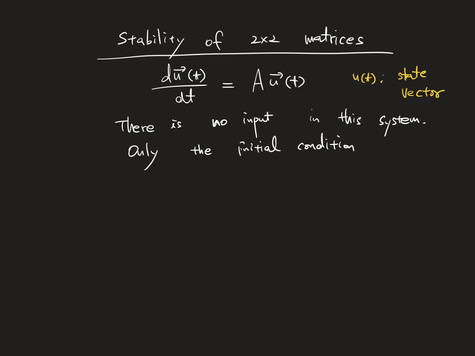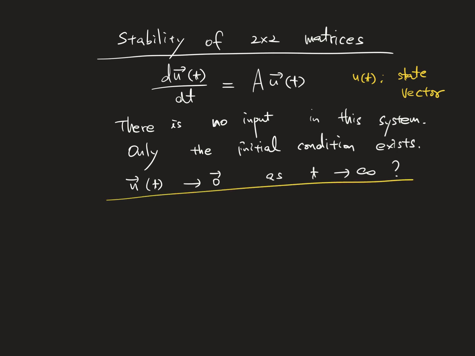Only the initial condition exists. So the question is, if there is no input to this system and we have a state vector, whether u of t goes to the zero vector as time goes to infinity. If this is correct, then we say this system is stable.